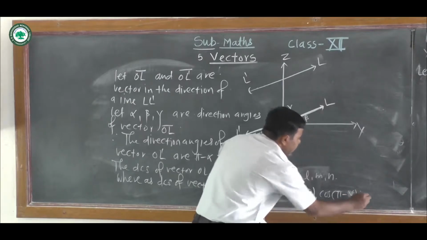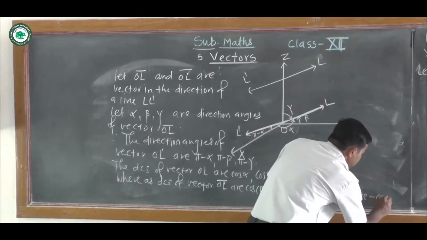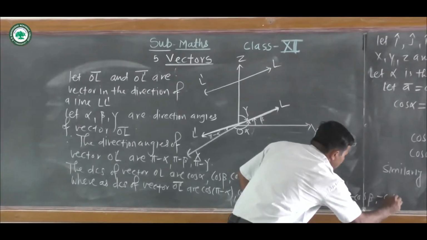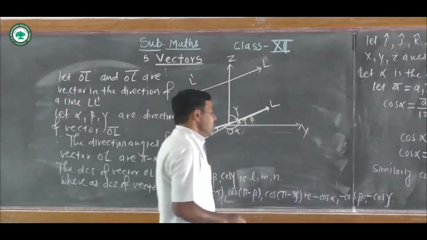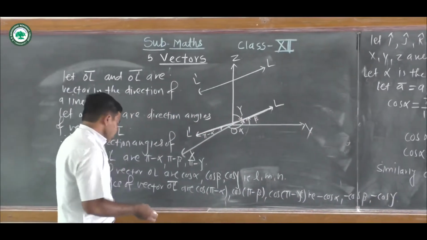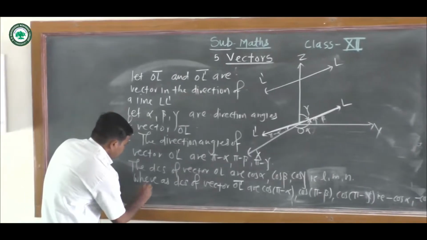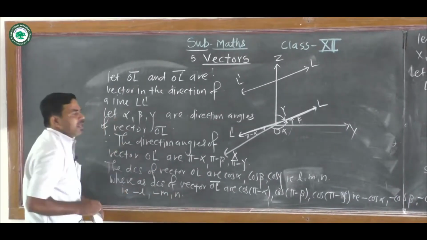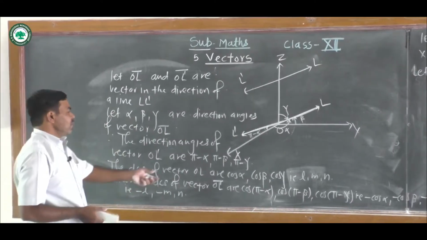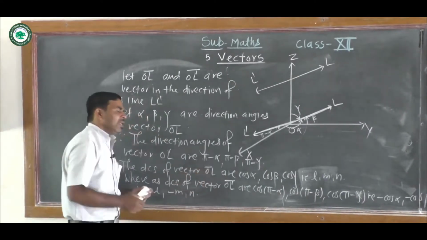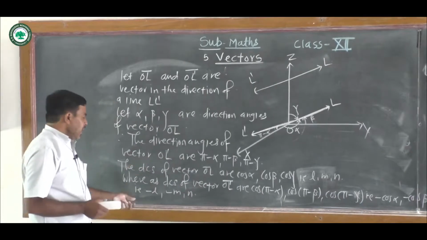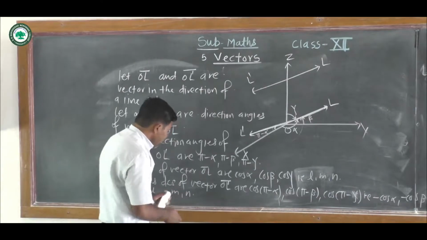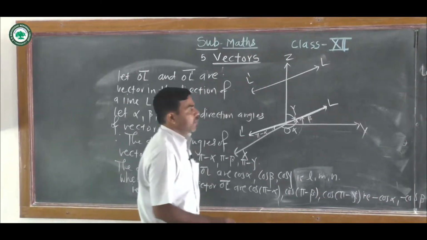That is minus cos alpha, minus cos beta, and minus cos gamma. But cos alpha is L, so that is minus L, minus m, minus n. See, the direction cosines of vector OL are L, m, n, and direction cosines of vector OL dash are minus L, minus m, and minus n.